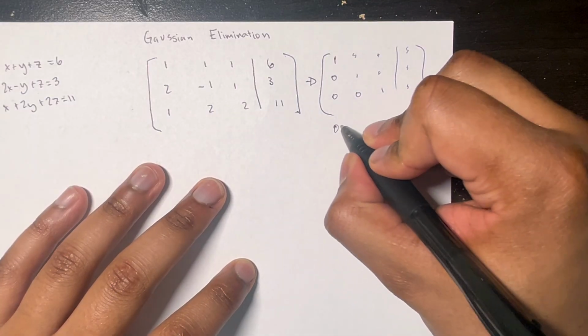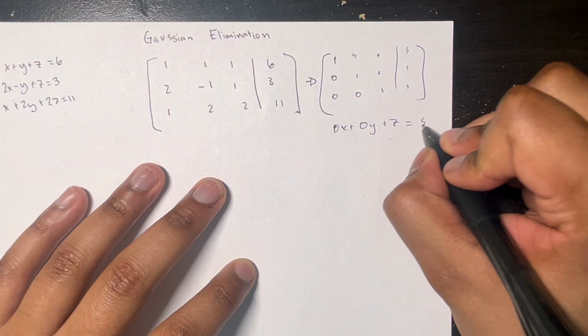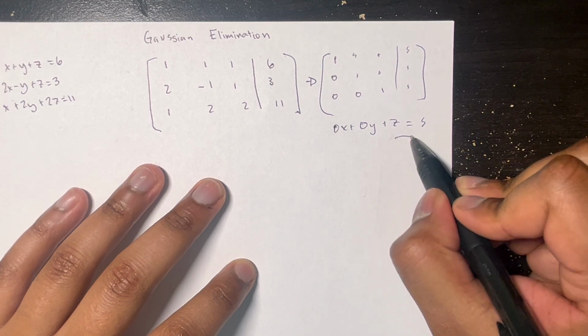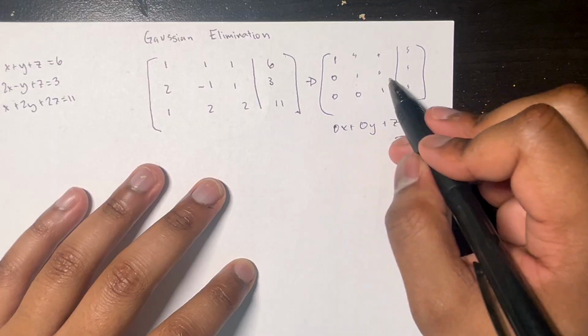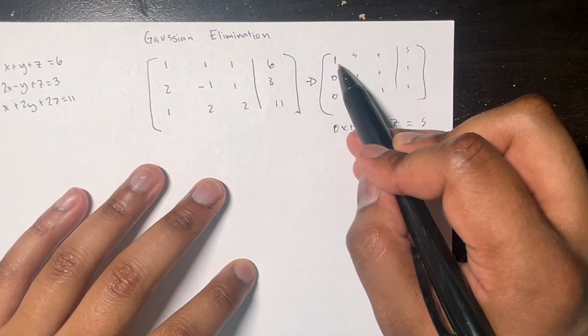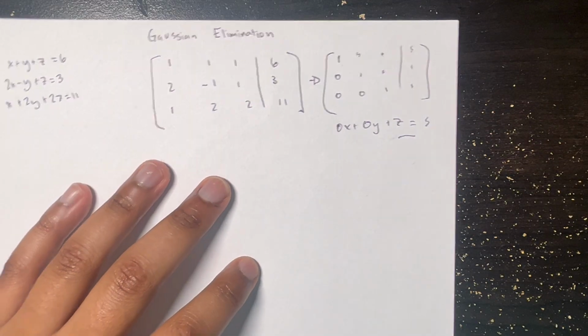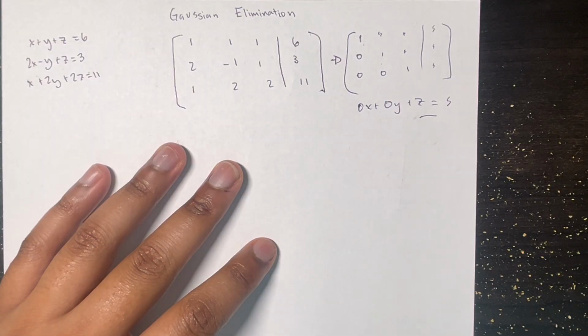It'll be 0x plus 0y plus z is equal to something, and that basically gives you the answer for z. And then you plug it into the second equation, and that'll help you solve for y. And then lastly, you plug it into the first equation and you solve for x. So that's basically the logic behind getting it into row echelon form.